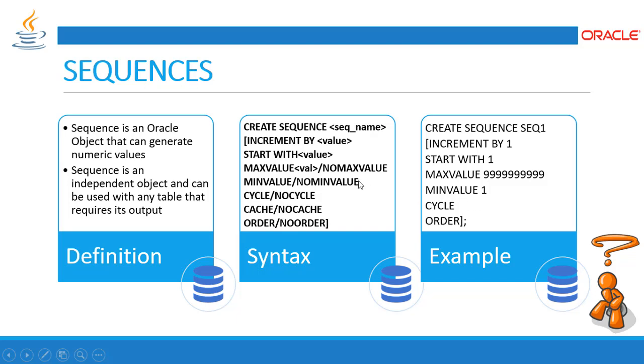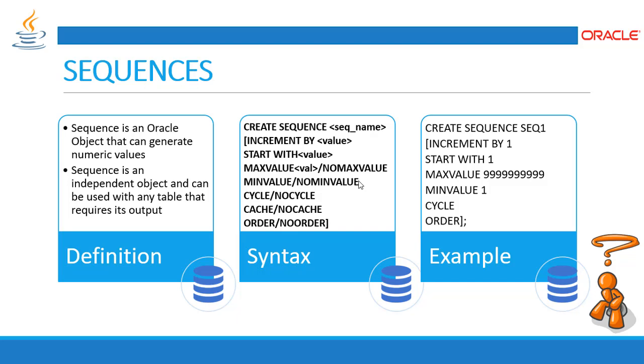Just like other Oracle objects, we can use sequences to insert values and perform some operations on the table. But there are always some rules to follow and some limitations with sequences, along with some advantages.